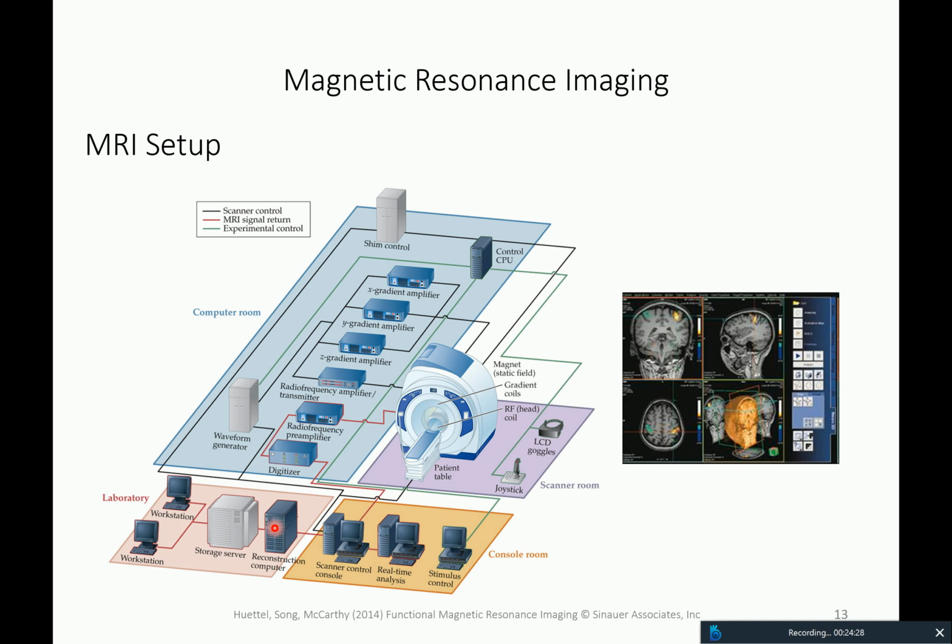So this is the entire setup. The participant usually only sees this and a little bit of this when they come in. You are mainly dealing with this, and the technicians of the MR suite deal with this part.